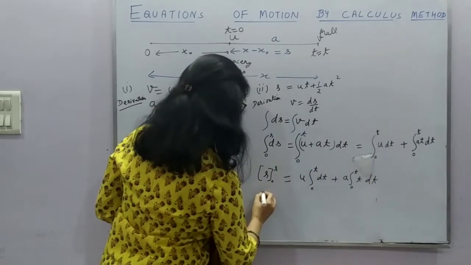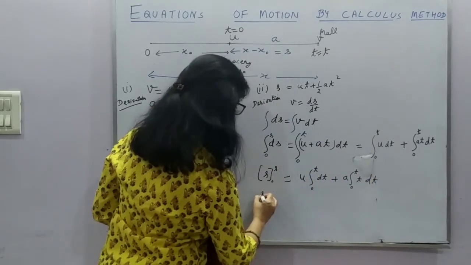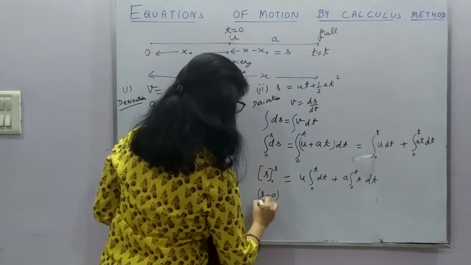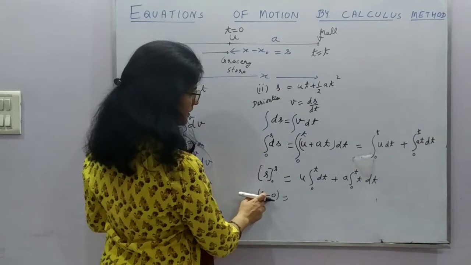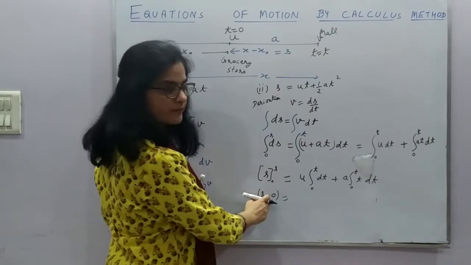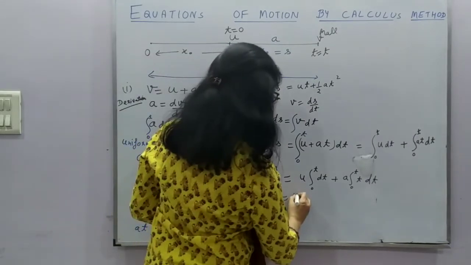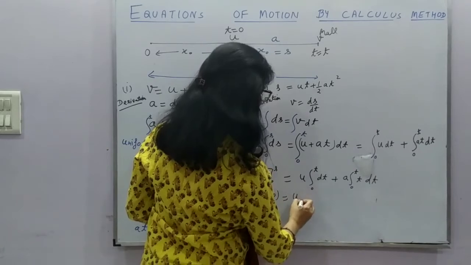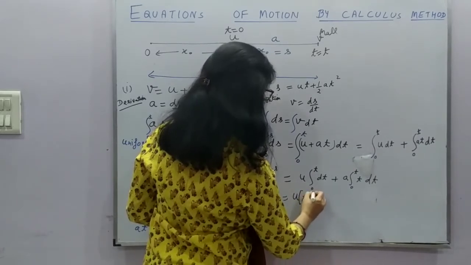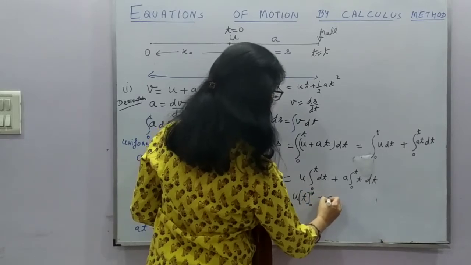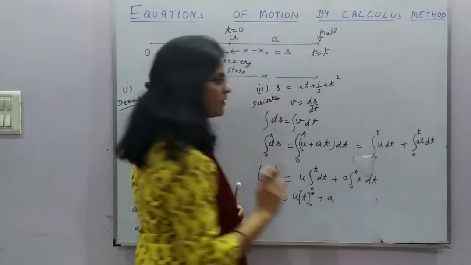So this is upper limit minus lower limit, right? For the left side, the upper limit is put first, then the subtraction sign, and the lower limit is put for this s value. So u, what is the integration of dt? This is t. Then again I have to apply the limits, plus a as it is, t to the power 1.